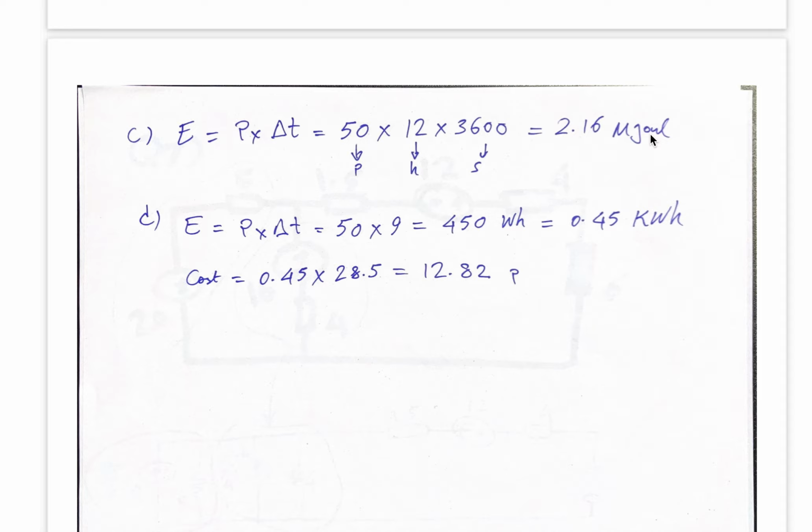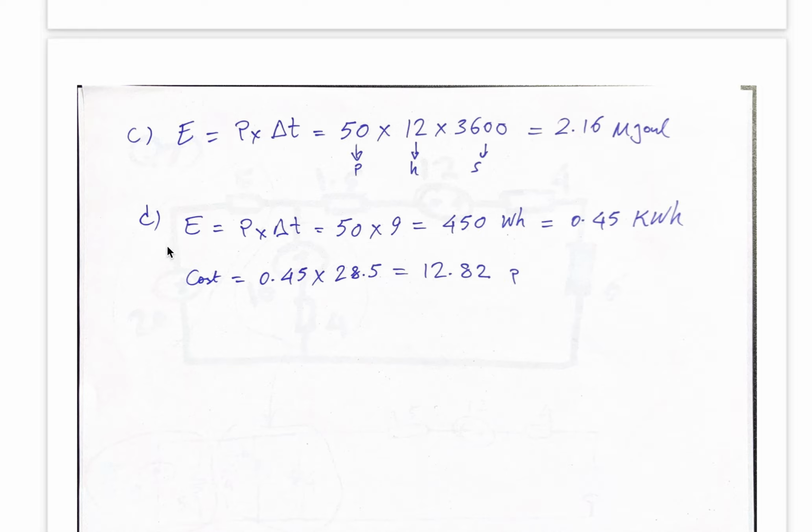This is in joule. We need to have it in kilowatt hour. The second point is, delta T, or the duration of consumption, is different from the previous section. Sometimes students may make mistakes because they use the same value they had earlier. Here they say 9 hours, not 12 hours.